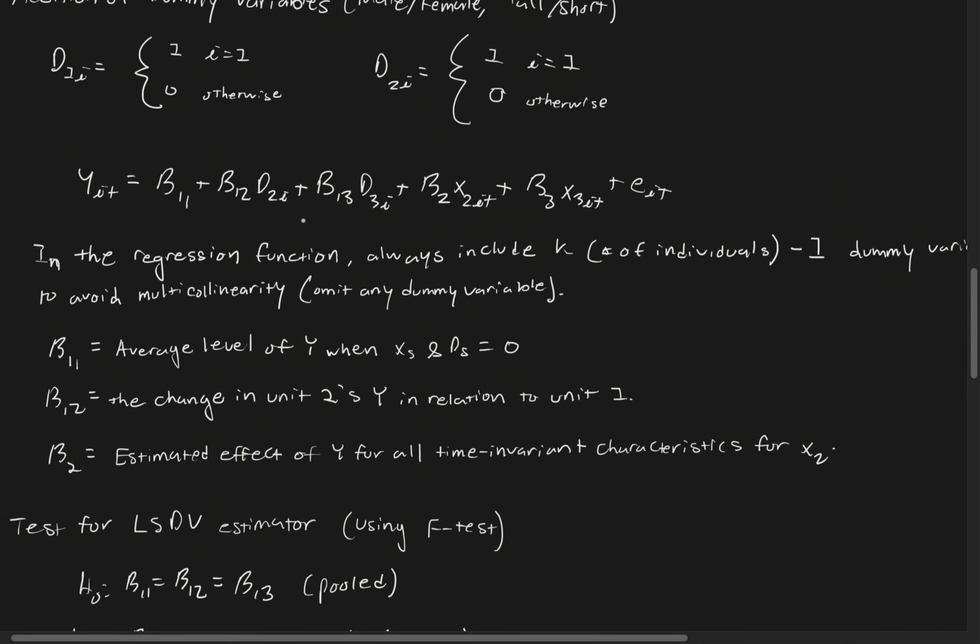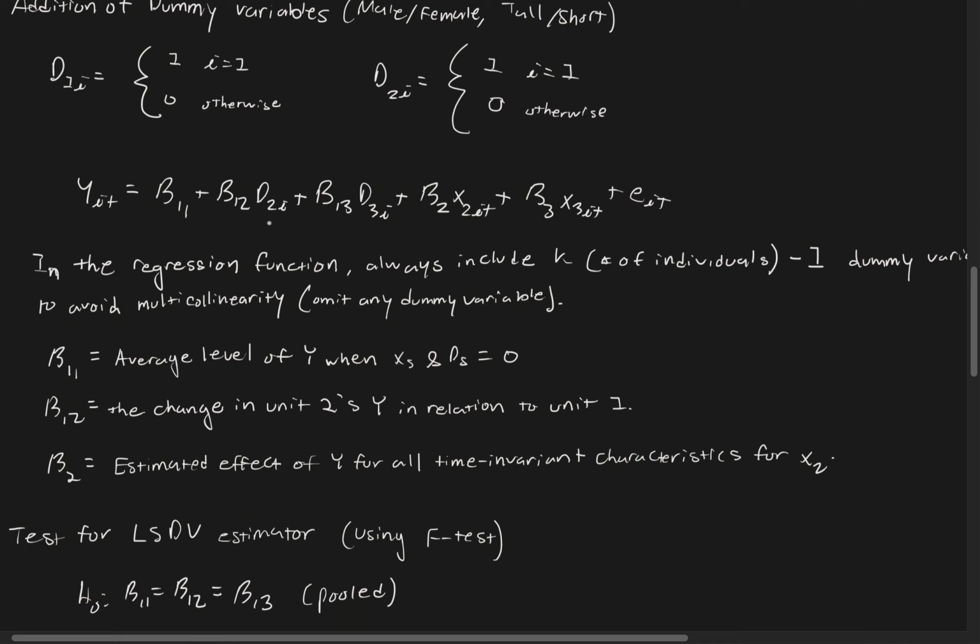All right, so going into this function further, the intercept is given by the level of y when all of these are 0. So when the dummy variables are 0, when the x variables are 0. This coefficient is when this dummy variable is 1, whatever that may be, and that's the change in the second individual's output in relation to the first individual.